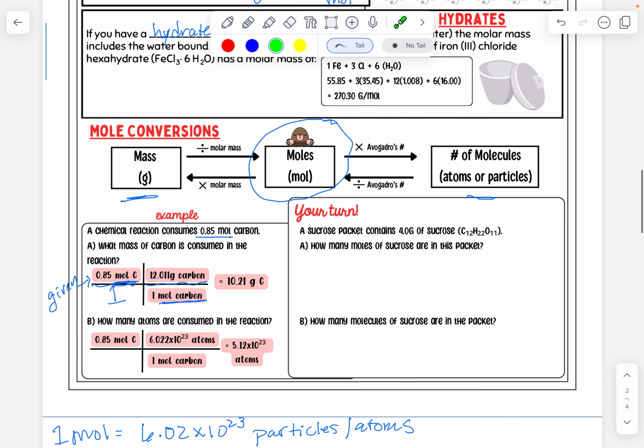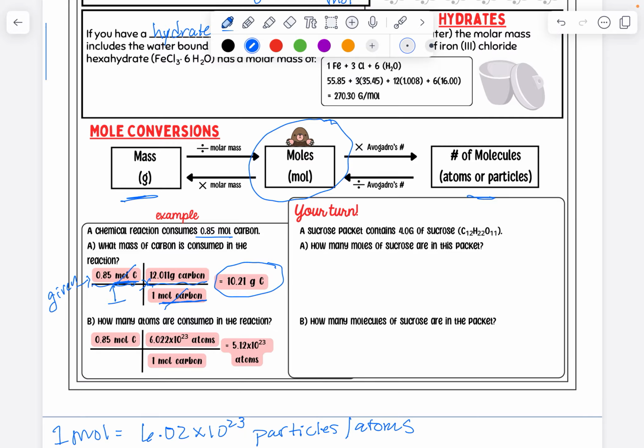It says 1 carbon. So what happens is my moles of carbon cancel out, and I'm left with grams of carbon as my units. So I take anything that's on top and I multiply it and divide by anything that's on the bottom. So I have 0.85 moles times 12.01, and that gives me my answer of 10.21 grams of carbon.